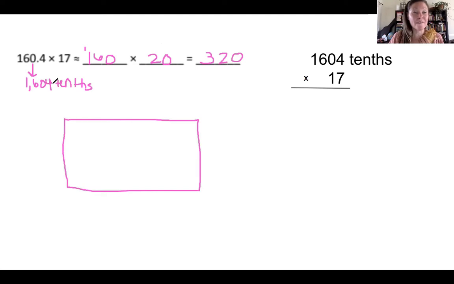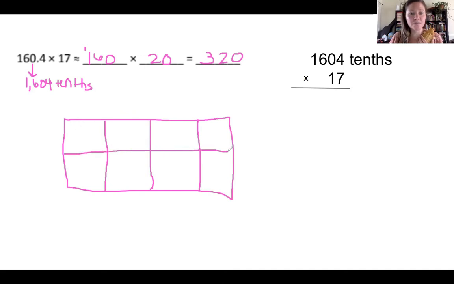I have 1, 2, 3, 4 digits here, so I'm going to have 4 columns across the top, and I'm going to add an extra 1 over here. And then I have 17, which is only 2 digits. Now if I have 1,604 tenths, I'm going to expand it.